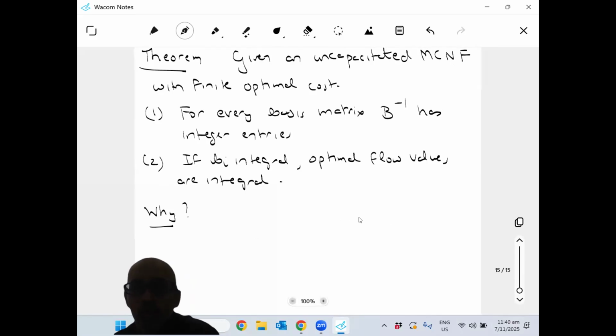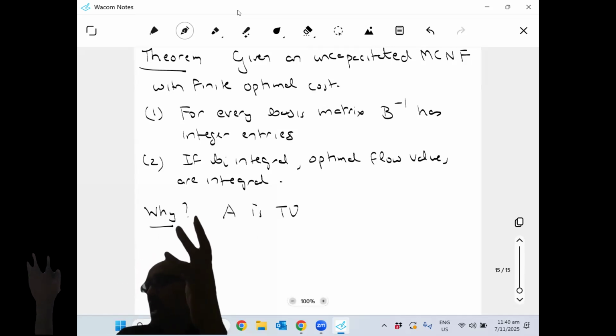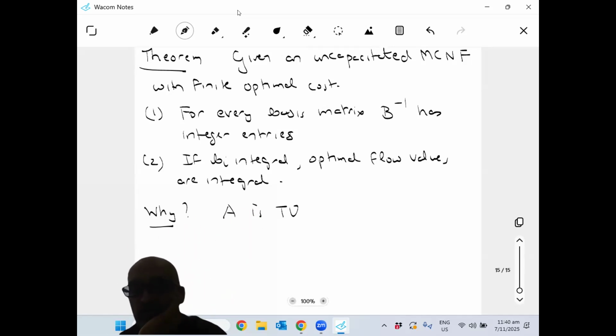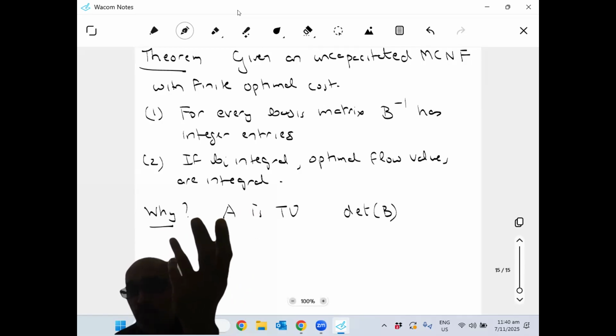For an uncapacitated network flow problem, we just saw that A is TU, right? The A matrix is totally unimodular, which means that if B is a basis matrix, its determinant cannot be zero, so it has to be either plus or minus one.